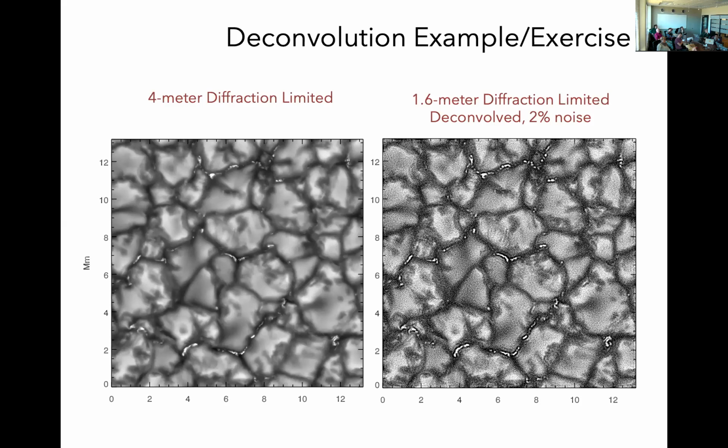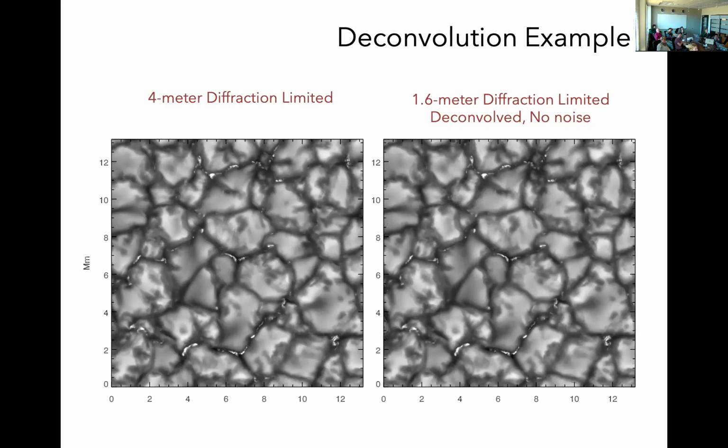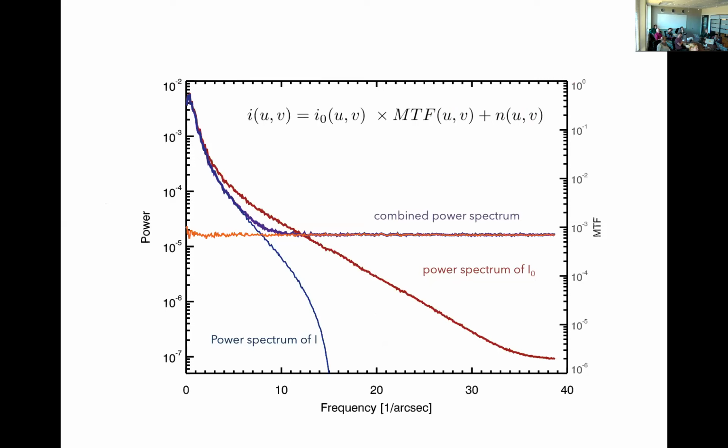So in practice, what you would like to do is figure out the point where your image becomes dominated by the noise, and you basically have to truncate your power spectrum there, because you don't want to amplify that noise.